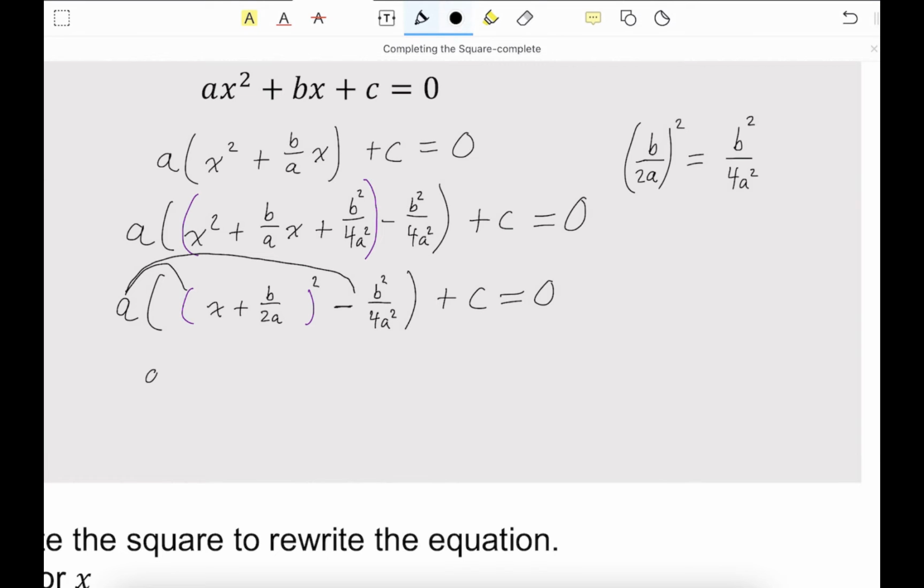I can now rewrite this as a times x plus b over 2a, this whole thing squared, minus a times b squared over 4a squared plus c.